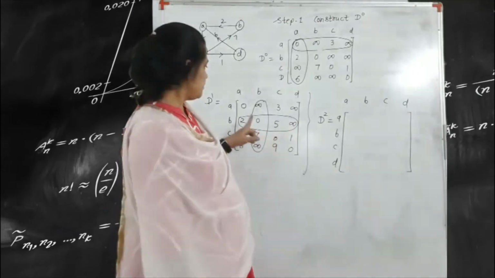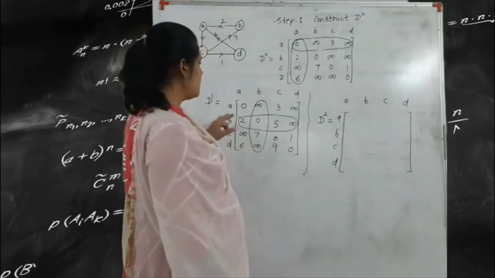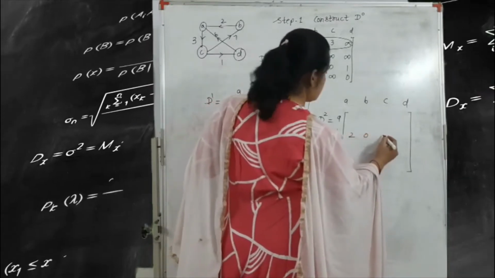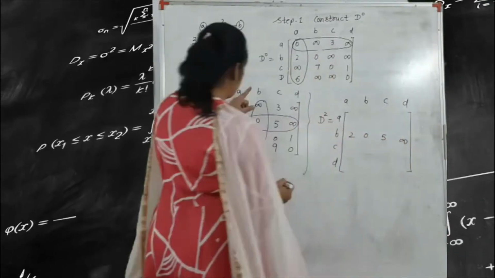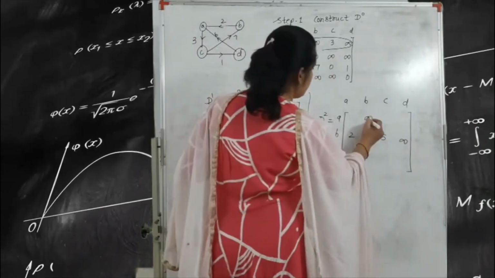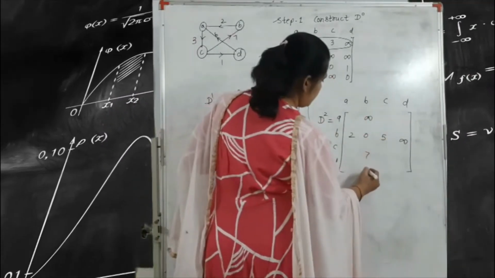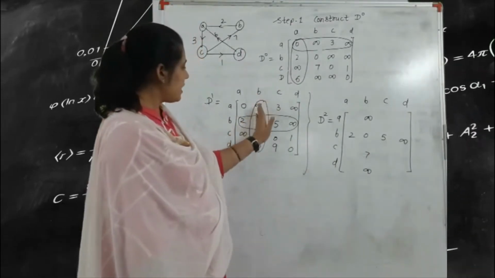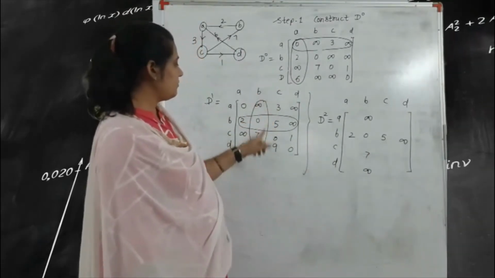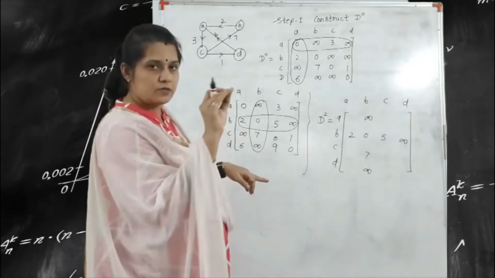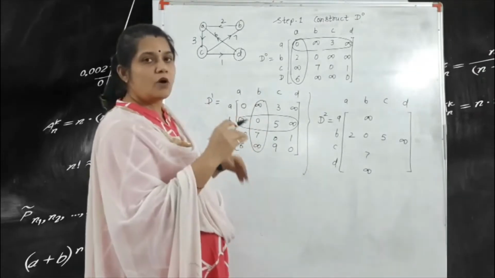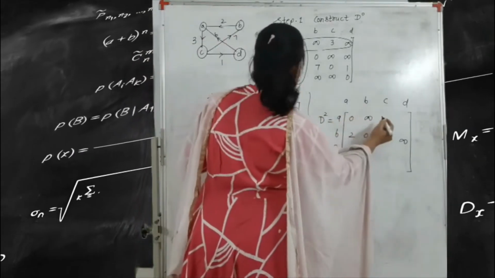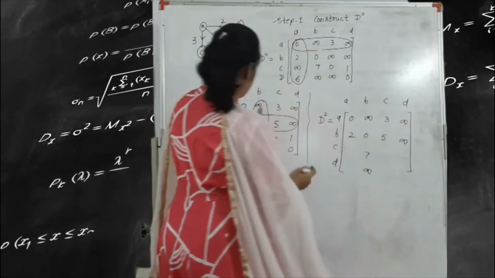We write the second row as it is: 2, 0, 5, infinite, and the second column: infinite, 0, 7, and infinite. After that, you check if infinite is present in the highlighted column or row, and you write all the elements as they are. So for this infinite, you write 0, infinite, 3, infinite.